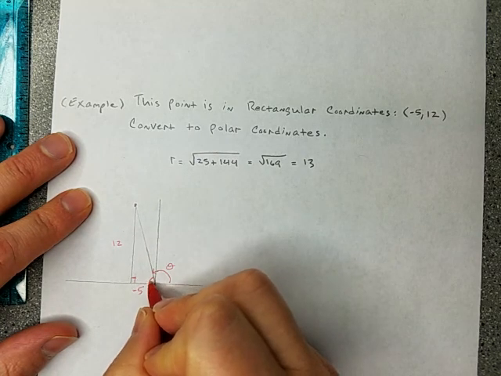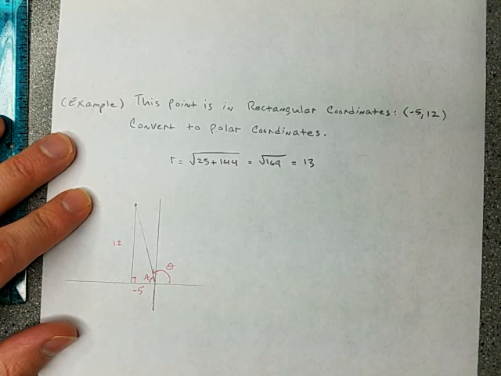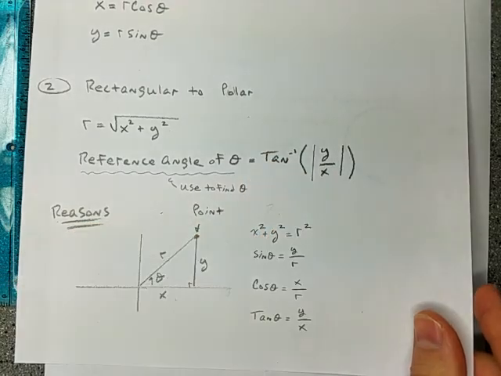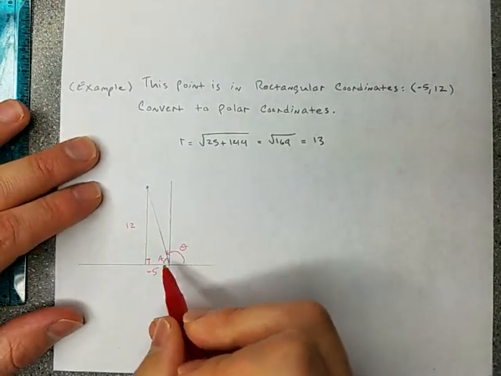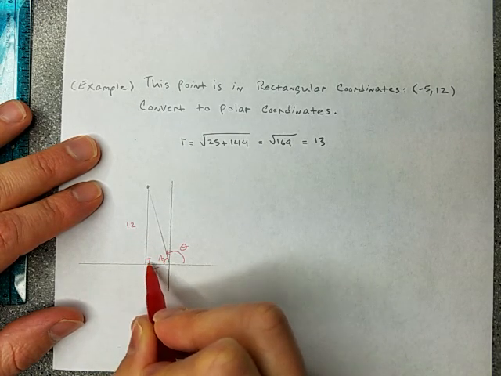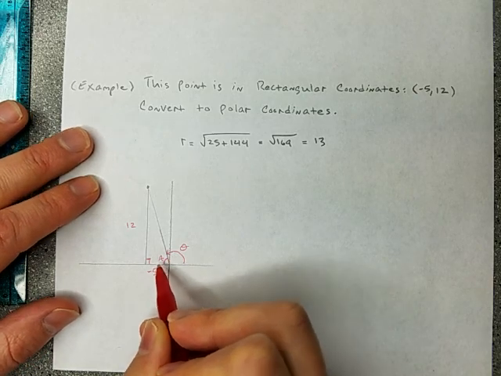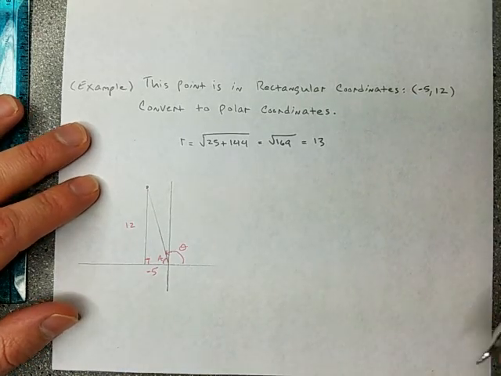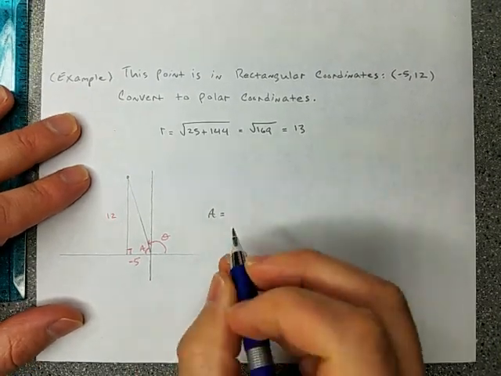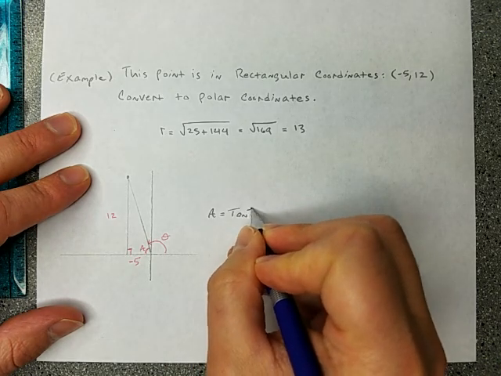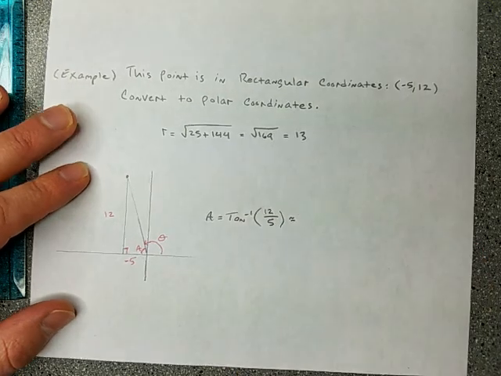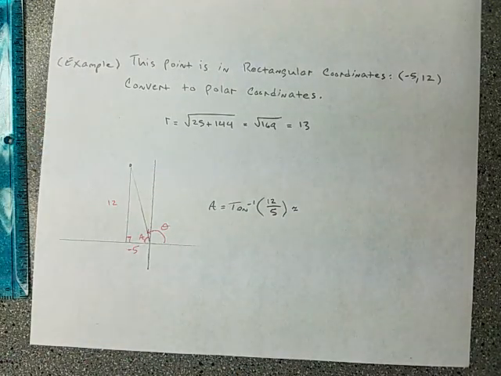So the reference angle is right here. I'll call it angle A. You can find the reference angle by tangent inverse of the absolute value of y over x. All I'm saying is that the tangent of this angle is 12 over 5. And then if you know that angle, you can subtract it from 180, and you'll get theta. So here goes. Angle A that you see in this picture right there is going to be tangent inverse of 12 over 5. And that's going to be, well, let's see.